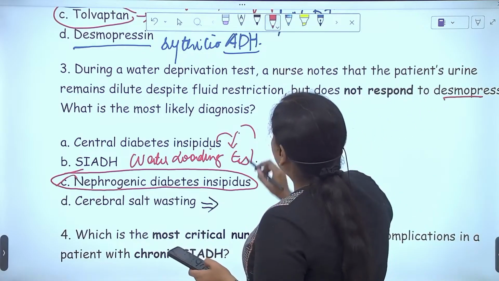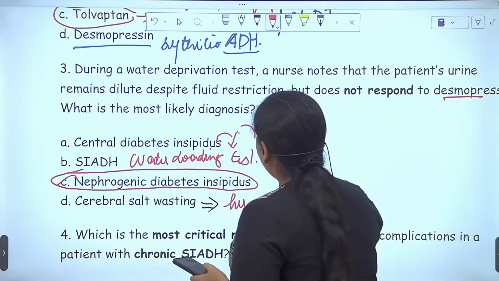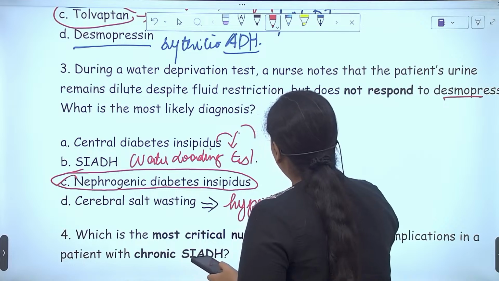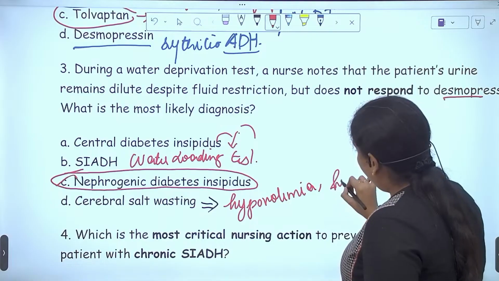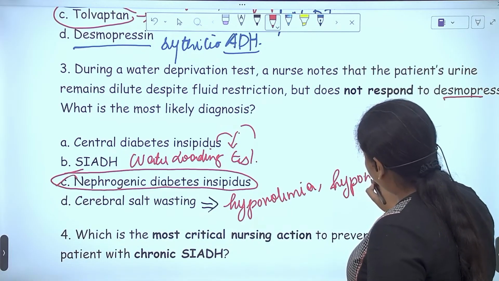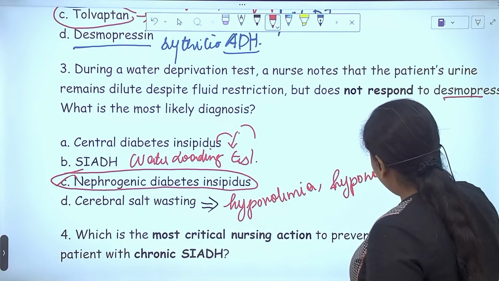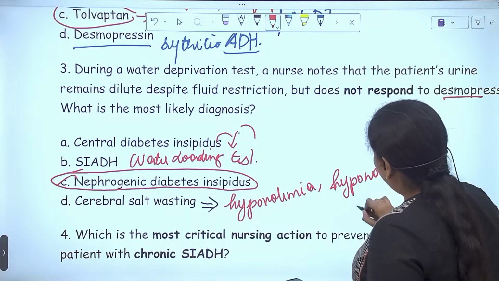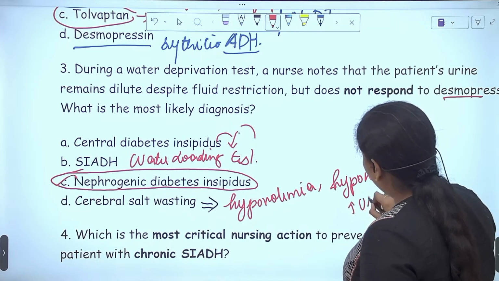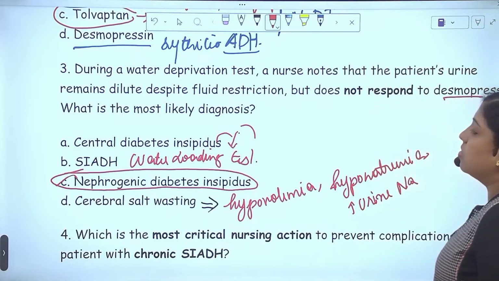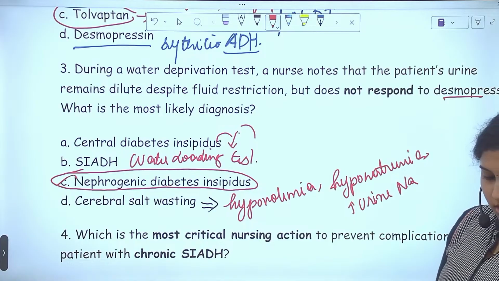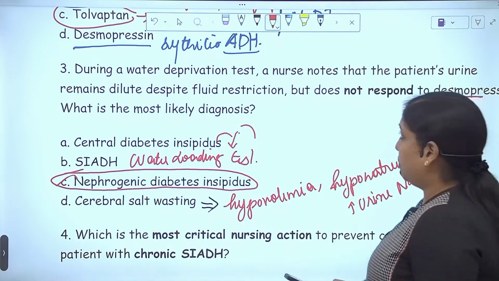You will be having hypovolemia, hyponatremia, and an increased amount of urine sodium will be seen in case of your cerebral salt wasting syndrome.